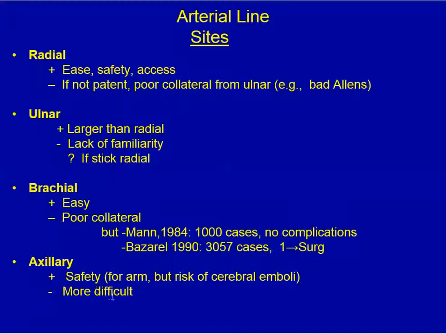The axillary has the advantage in that it has better collateral flow around it. On the other hand, it's closer to the central aorta, and therefore, I believe, at greater risk of causing cerebral embolization. In my hands, it's a little more difficult.